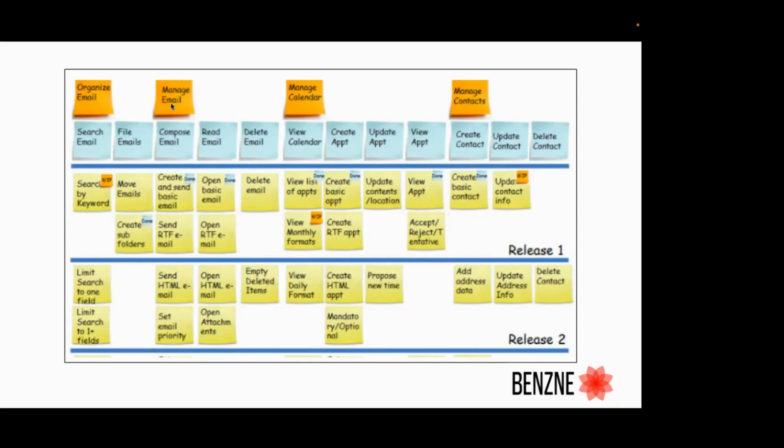For example, manage email has compose email, read email, and delete email as capabilities. Under compose email, we have so many things which a user can start doing. So once you have this bi-directional story map, all these yellow tickets get converted into a unidirectional list, which is called the product backlog itself.